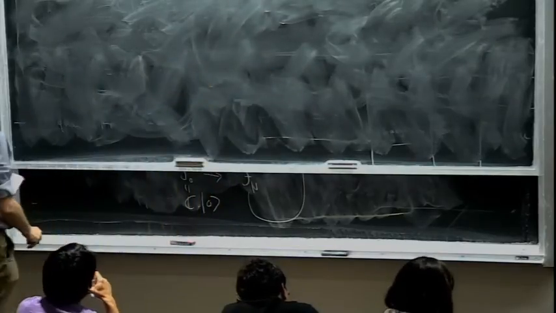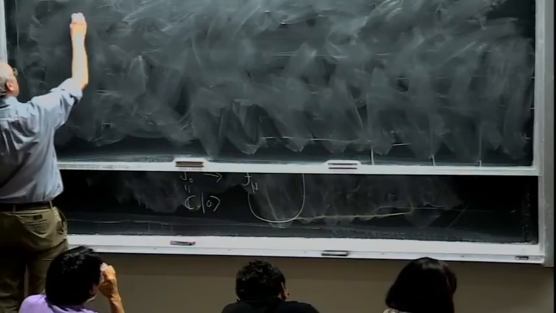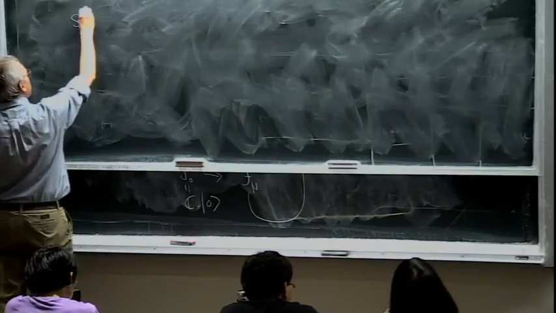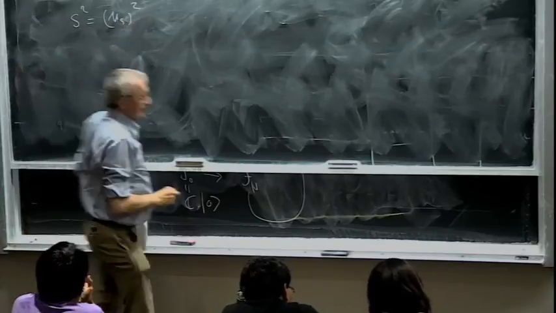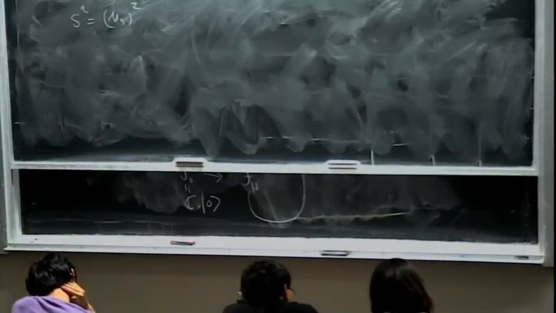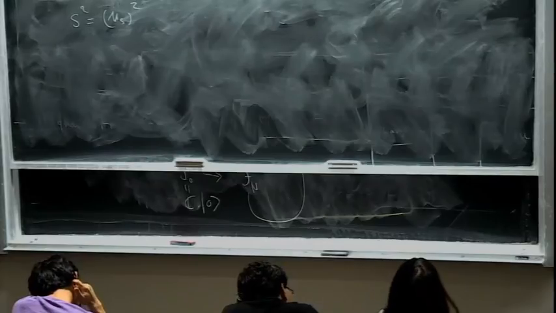So we know already what S is, but we know what S squared is. It's US squared. Remember with US, U is UT, UC star.